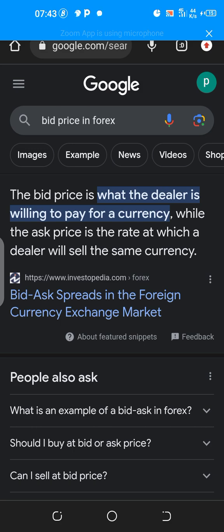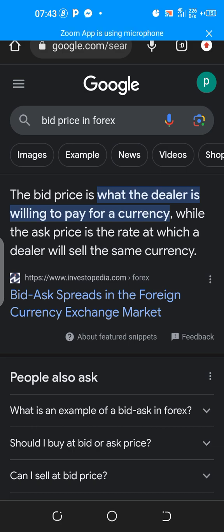It's the same as the sell price. The ask price is the price you are willing to buy at, and the price you are willing to sell at is known as the bid price.